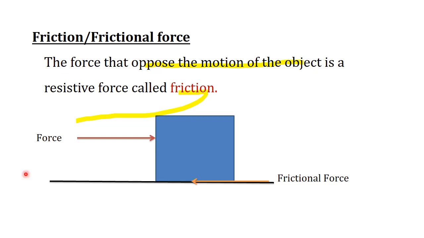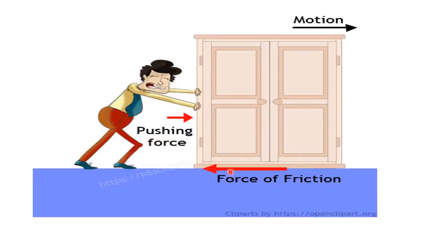Okay. Now, look at this activity. One man is pushing a cupboard. The cupboard is moving towards the east, and there is an opposing force between the floor and the cupboard.